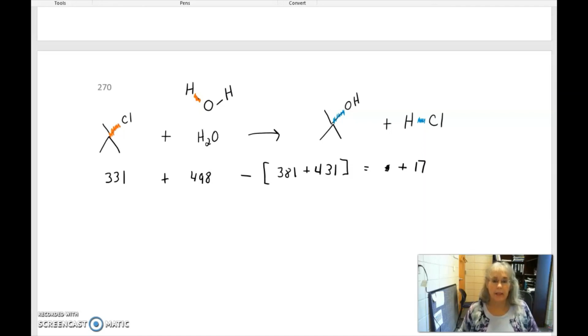So you need to practice. Making sure that you can find the right bond on the table is really the only trick for this. And remember, naturally, that the energy that you use to break the bonds is positive and the energy that's used to make the bonds is negative. That's energy that's lost.